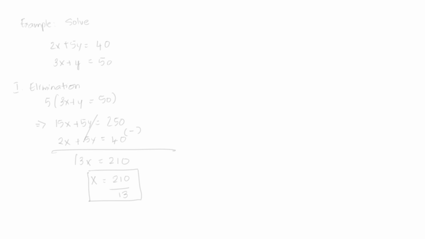Step 2 is substitution. So I take the value I found, I plug it in one of the two equations. So perhaps I'll plug it in the first one. I'd get 420 over 13 plus 5y equals 40.